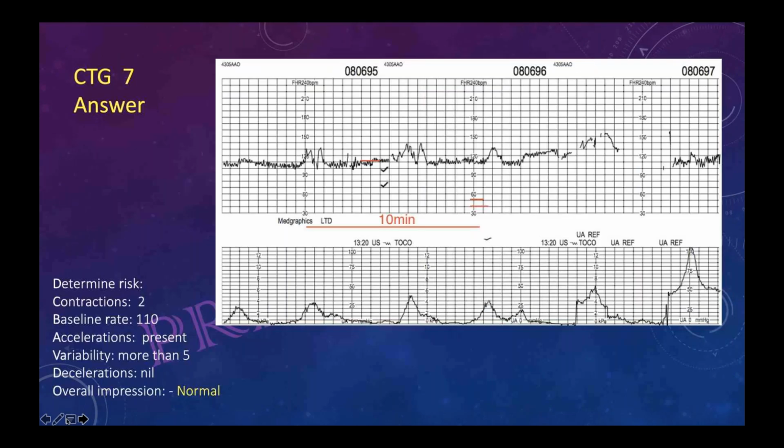Very good, excellent. So this is a 10-minute trace. Someone wanted to ask how to calculate baseline. For calculating baseline, we take a 10-minute trace. Then we see the part of the CTG where contractions are not there. For example, this is the part of CTG where there is no contraction. Here the baseline will be a stable baseline, so we will calculate it here.